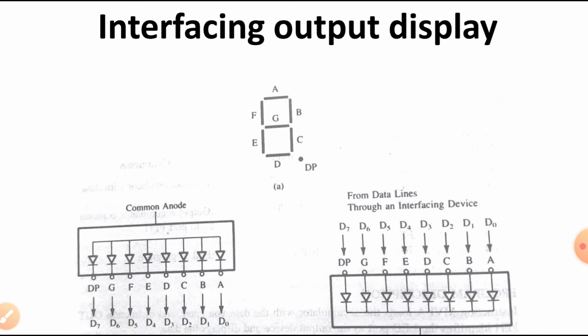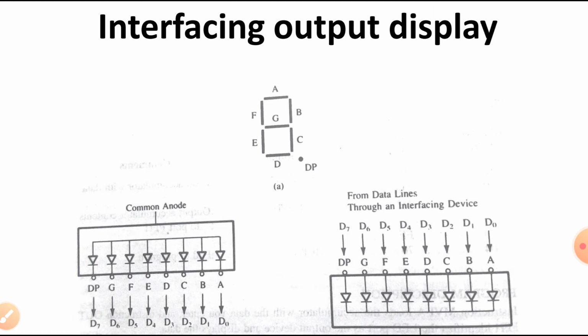If we are using a common anode LED, then for whichever segment we want to light, we have to turn it on by providing a 0 to it. Meaning thereby, if A is connected to D0 and we want to light the A segment, it means the D0 bit should be equal to 0. That is the meaning.